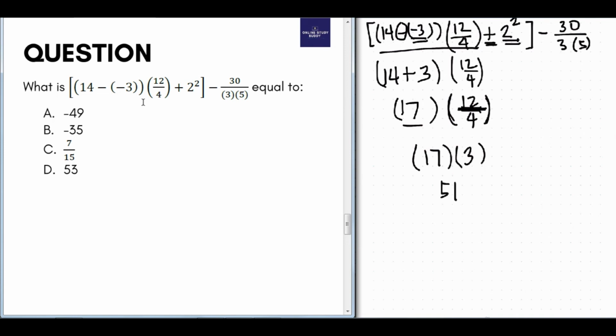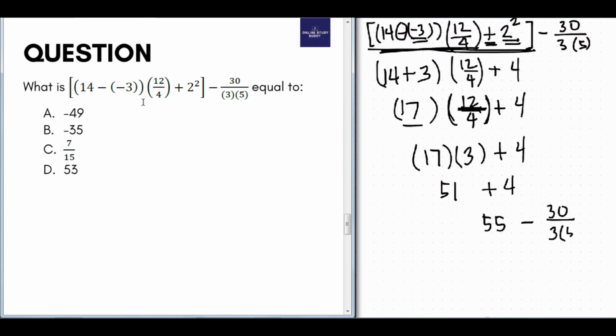Then, 2 squared equal to 4, we will have 51 plus 4. So, we will have 55. So, 55 yung value nung nasa square brackets natin. Then, perform natin yung nasa right. So, 55 minus 30 over 3 times 5.